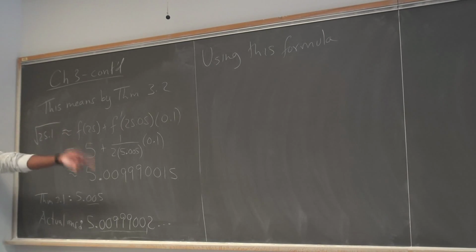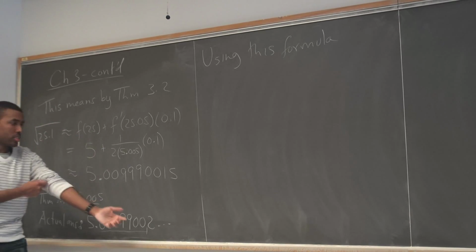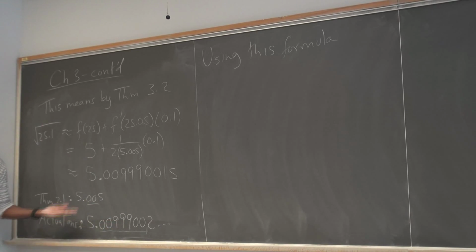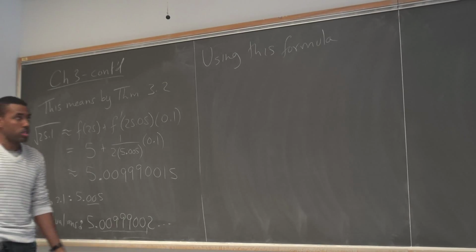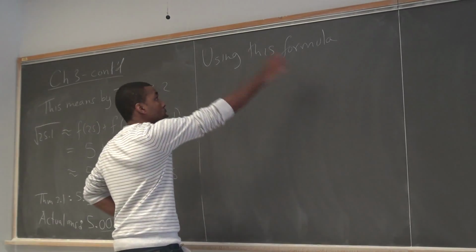If they ask you to do this other method, they'll ask you for 2, because it's a lot longer and 2 is all you need. 2 steps here will be like 4 steps there, because with the same number of steps I got a lot better accuracy. So we really don't need to go as far.